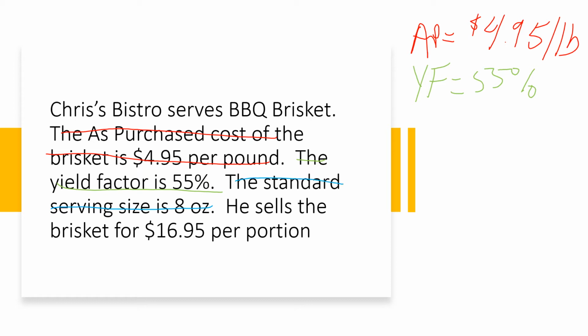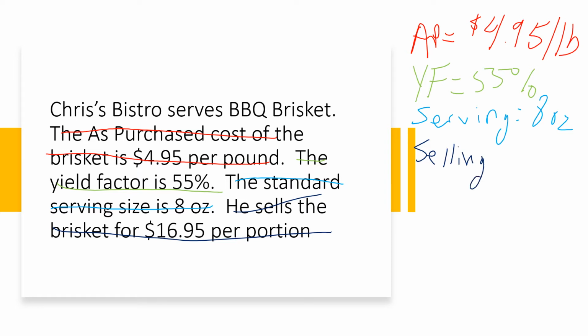our serving size is what? Okay, so that's our portion size. Serving size, portion size, those are interchangeable. And we want to serve 8-ounce servings. And the last thing is our selling price. $16.95.